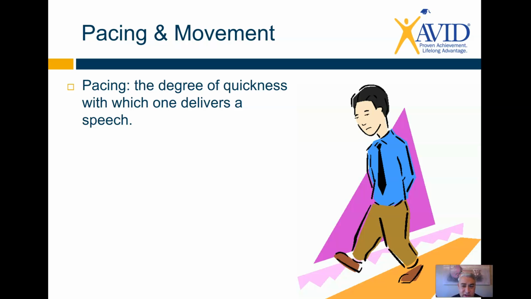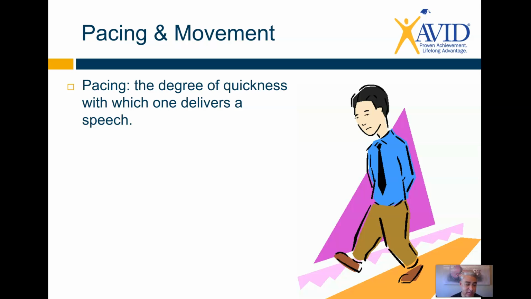Okay, now the next two terms get confused quite a bit. The first one is pacing. Pacing is the degree of quickness with which one delivers a speech. A lot of times we'll see kids get nervous and all of a sudden, they've practiced and rehearsed and they've got it down. It's like 4 minutes and 50 seconds. Then they give their presentation, and when we time it during class, they come in at like 2.5 to 3 minutes.